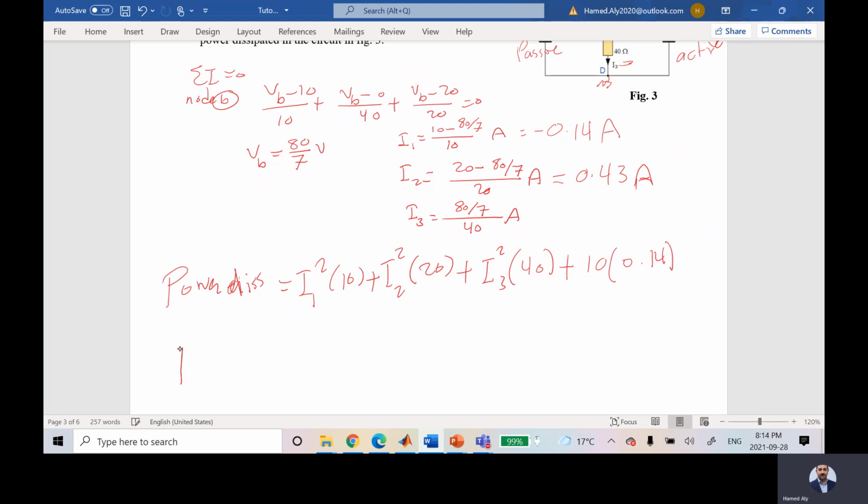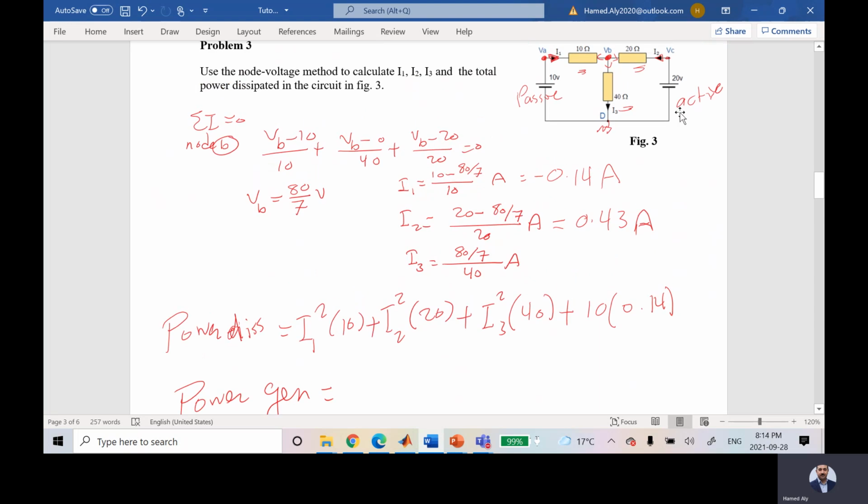And then you will write the power generated. It is equal to the only source, which is this guy, based on the number that I got. If what we did is right. If there is a mistake in the calculation, everything will be wrong. If there is only a simple mistake, everything will be wrong.